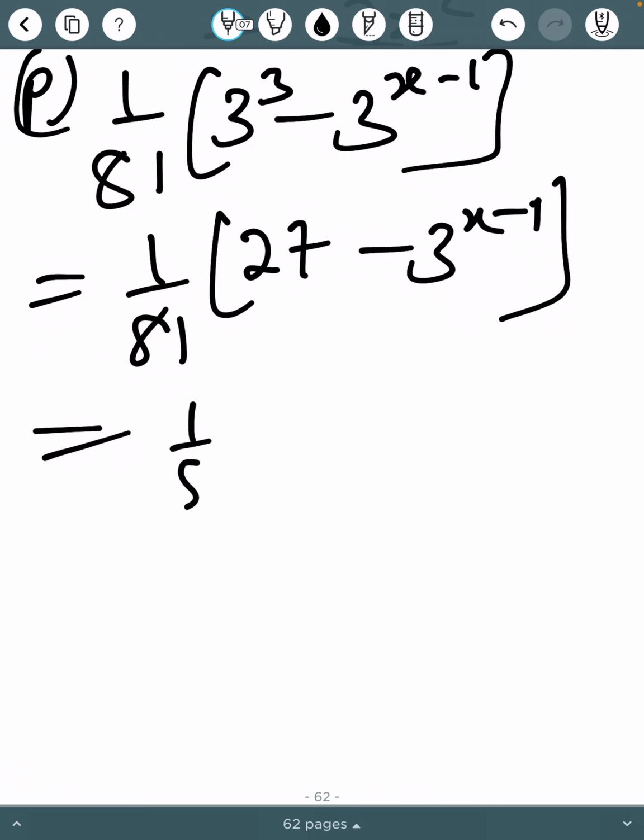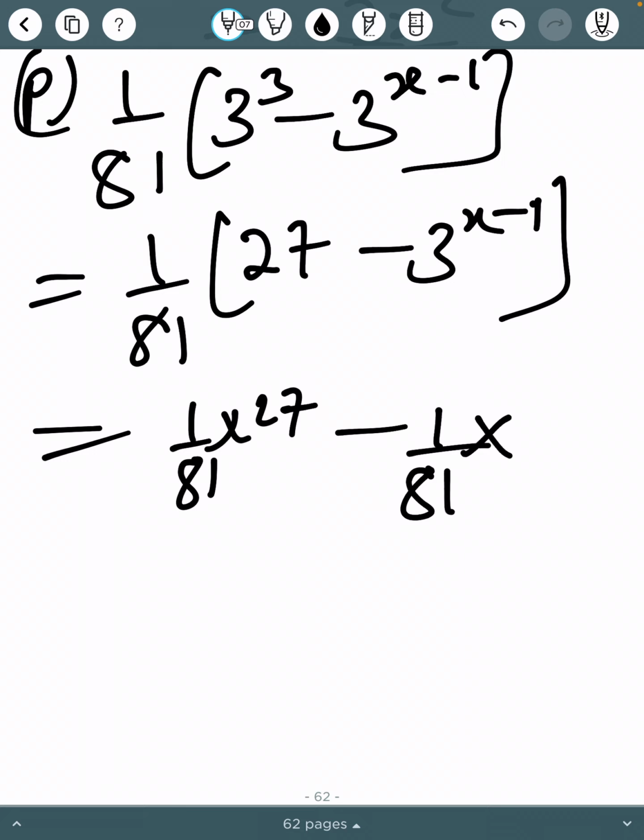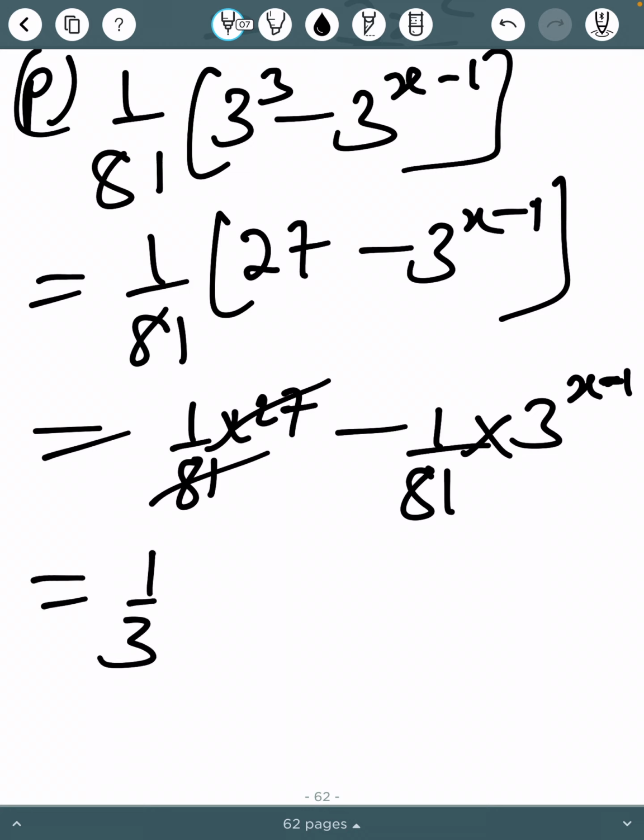This will give me 1 over 81 times 27 minus 1 over 81 times 3 raised to power x minus 1. 27 here 1, 27 here 3. That's 1 over 3 minus. This 3 raised to power x minus 1 is the same thing as 3 raised to power x divided by 3 raised to power 1.